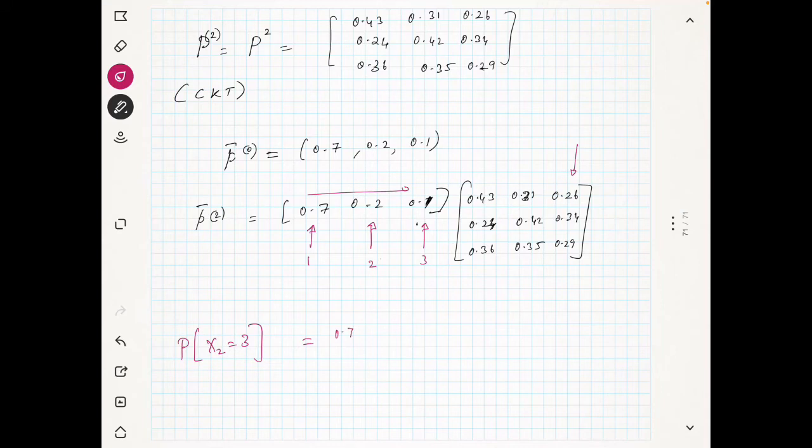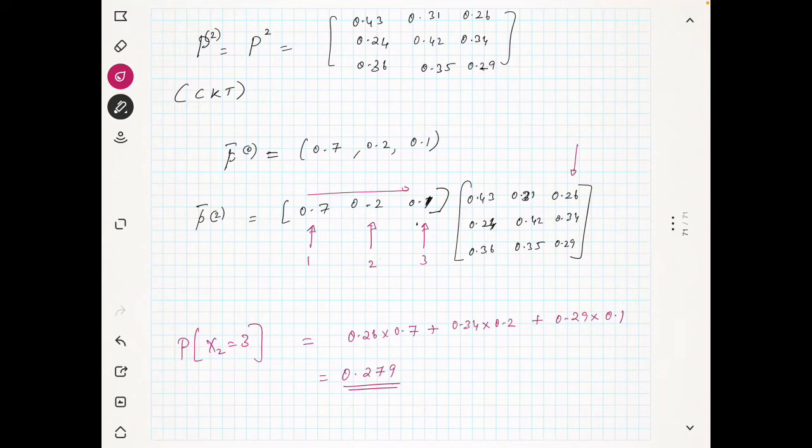So 0.26 multiplied with 0.7 plus 0.34 multiplied with 0.2 plus 0.29 multiplied with 0.1. You will be getting the answer as 0.279. So this will be the distribution at n equal to 2 for state 3.